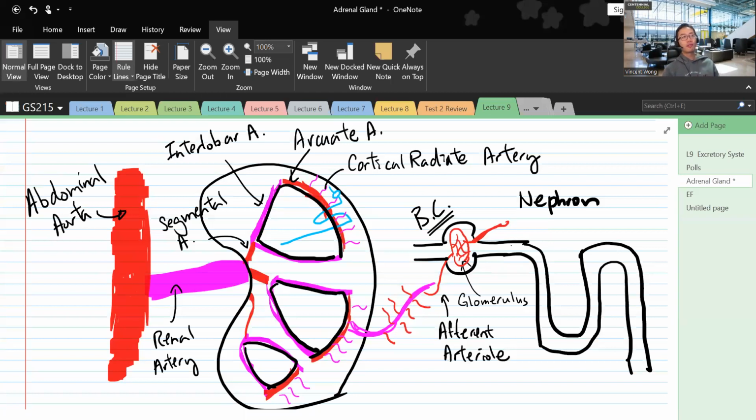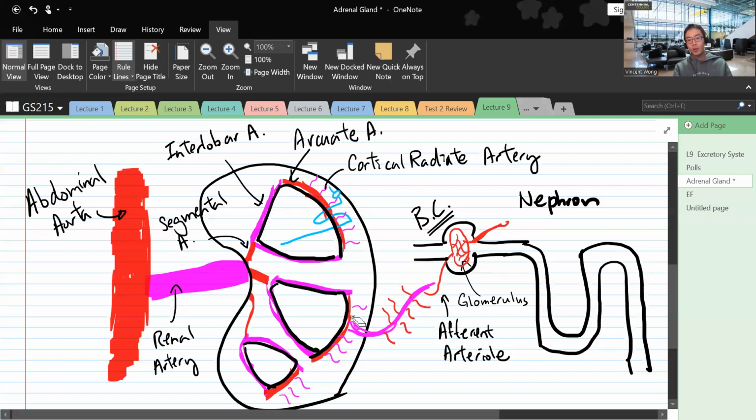Hard to recall information from so long ago, right? The hippocampus not really working, eh? The word I kept on using back then was that they are leaky. Remember, capillaries are leaky, right? That's why we have all these things oozing out of it. So regular capillaries are leaky, but the glomerulus is extra leaky.